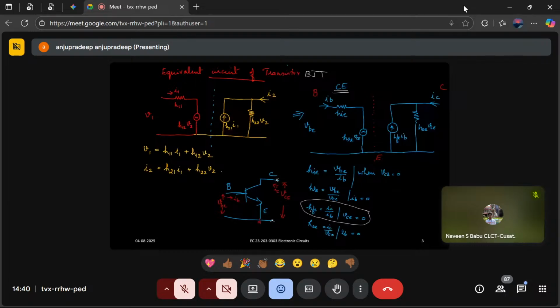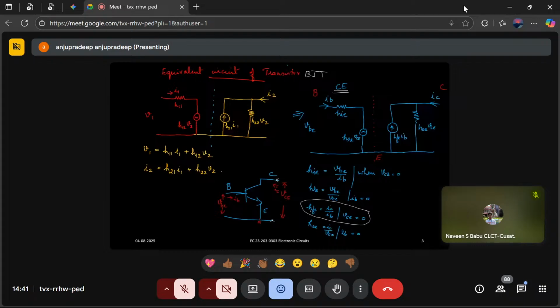When output port is equal to short. Okay, V2 is equal to 0. That port is shorted, that means there is no load resistance. You have shorted it so that maximum current will be flowing. So that is the meaning of HFE. Because later on you will need that knowledge.